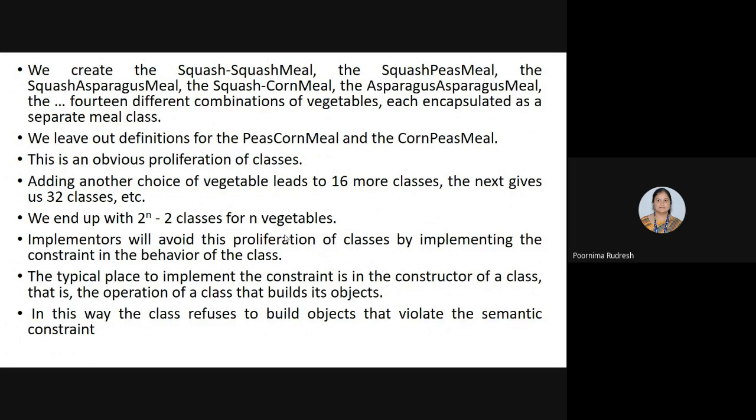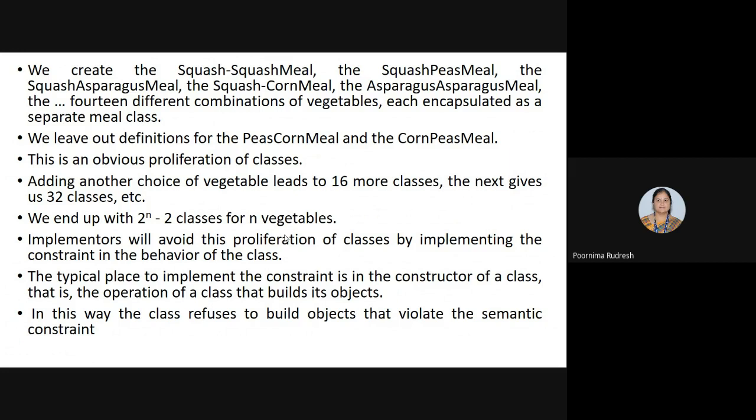And whenever the implementers are implementing this type of system, they need to avoid this proliferation of classes by implementing the constraints in the behavior of the class itself. Okay, so we have to avoid the proliferation of classes problem. How is it avoided?